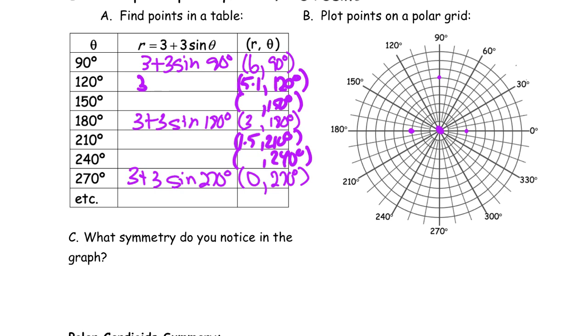So I'm just going to put 5.1. 150 is 4.5. Yes, it is. I agree. I think 120 is 5.6. And then we got 240 left.